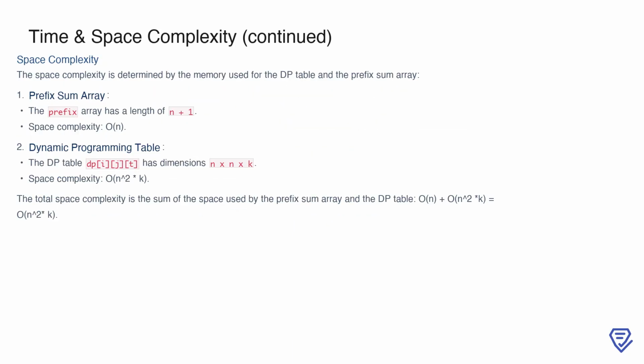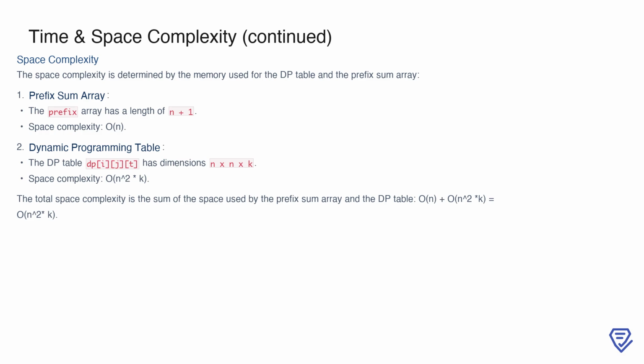Now let's examine the space complexity of the solution. The primary contributors to space usage are the prefix sum array and the dynamic programming table. The prefix sum array has a size of n+1, meaning it requires O(n) space. The DP table, on the other hand, is a 3D array with dimensions n x n x k.